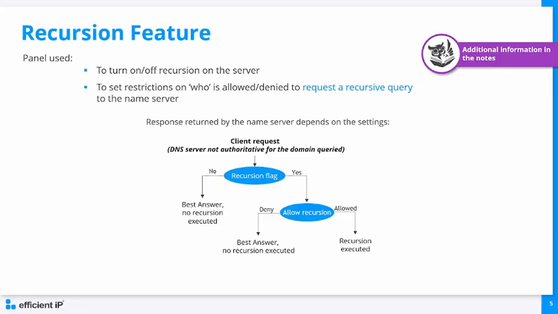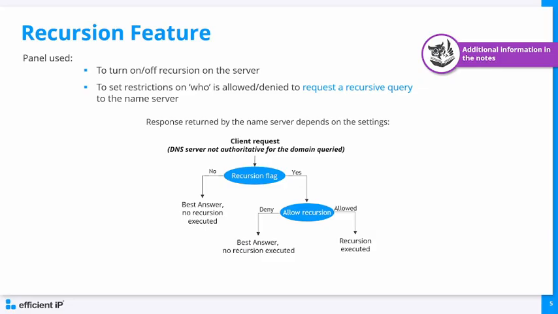Then do you want the DNS server to perform a recursive query to the forwarder or to the internet DNS root server, so that the DNS server can perform the query on behalf of the client and send it to the external DNS server, which is the forwarder or the root server, to resolve the name.